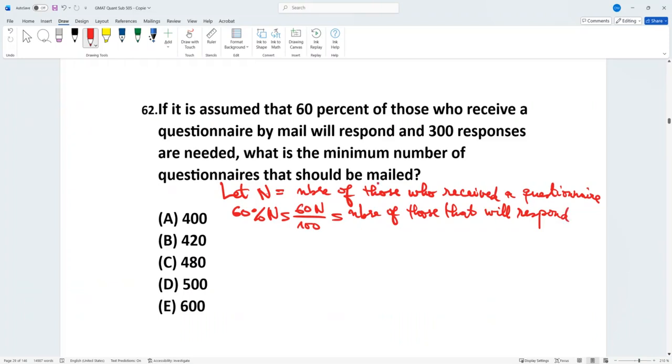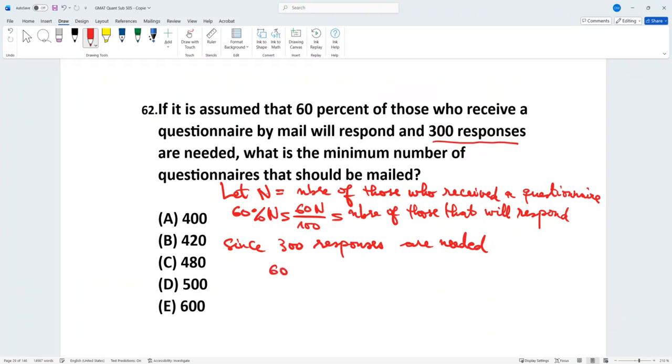Okay, and since 300 responses are needed, we are going to suppose that 300 responses are needed, like the least number of responses that we can get. Okay. What is the minimum number of questionnaires that should be mailed?